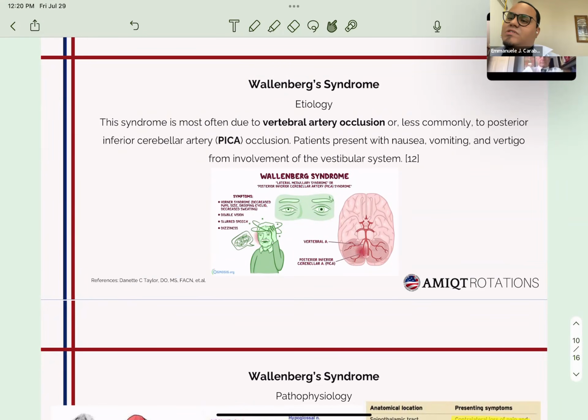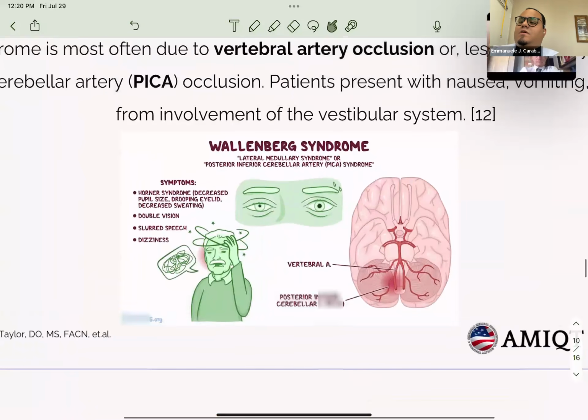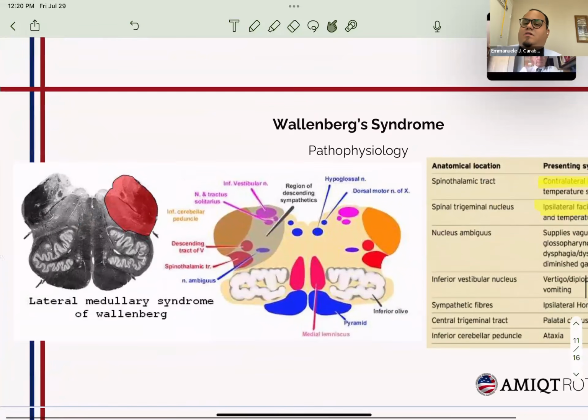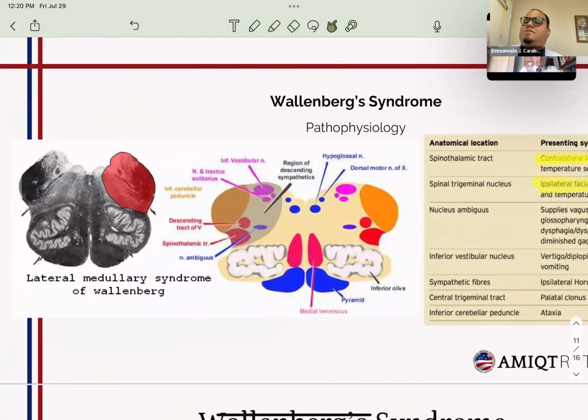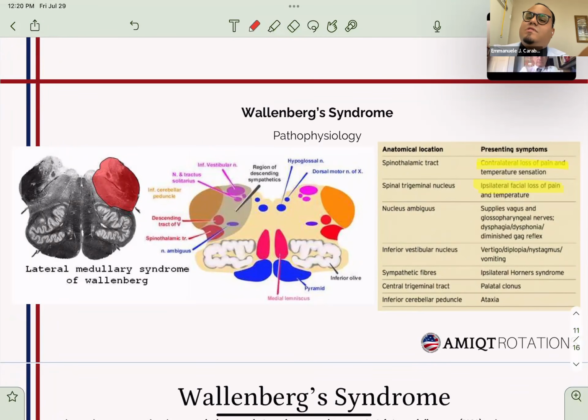Usually the patients initially present with nausea, vertigo, and vomiting because of the involvement of the vestibular system. This image here can help you a little bit. Based on the location of the ischemic event, some structures are going to be affected. Here, the lateral medullary infarct usually occurs in this area of the medulla.